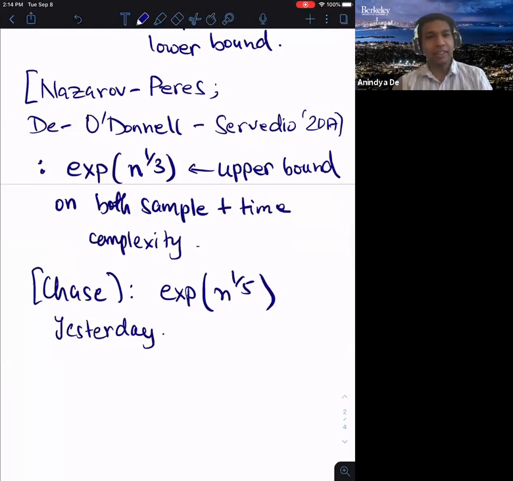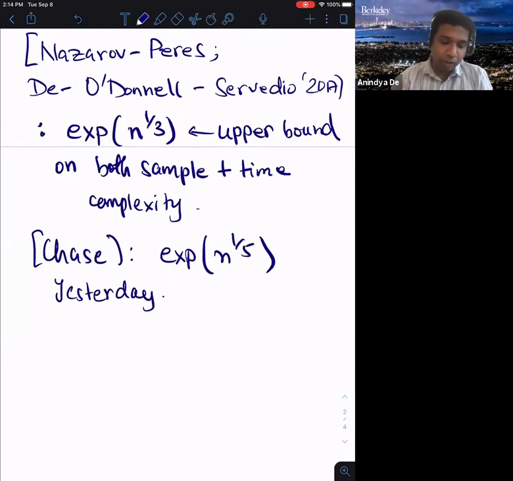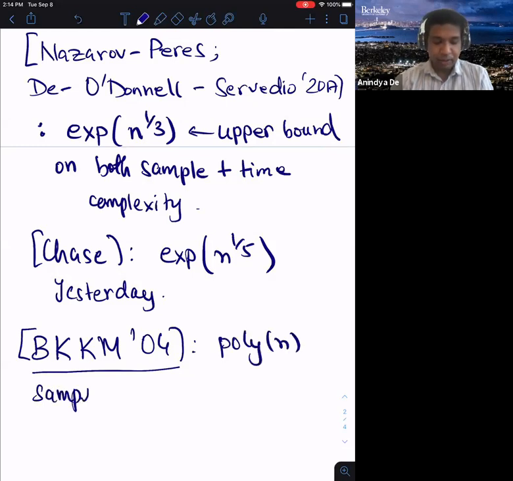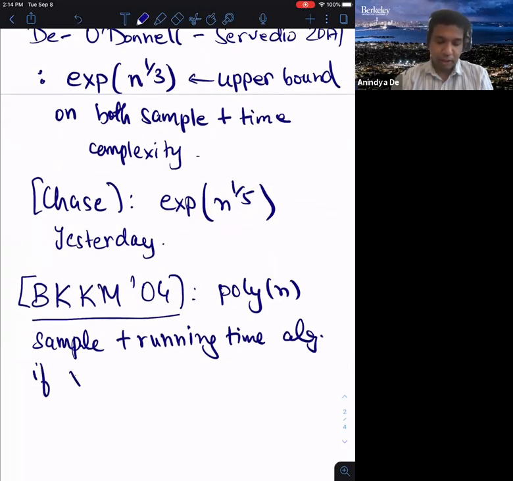Given this is the state of the worst case reconstruction problem, people have naturally focused on other variants. Going back to the first paper in theoretical computer science which considered this problem, by Batu, Kannan, Khanna, and McGregor, from 2004, they obtained a poly(n) sample and running time algorithm if X is generated uniformly at random.